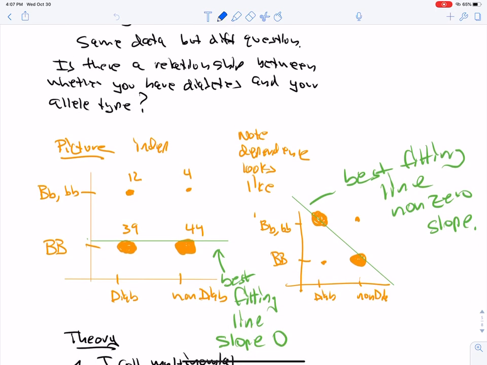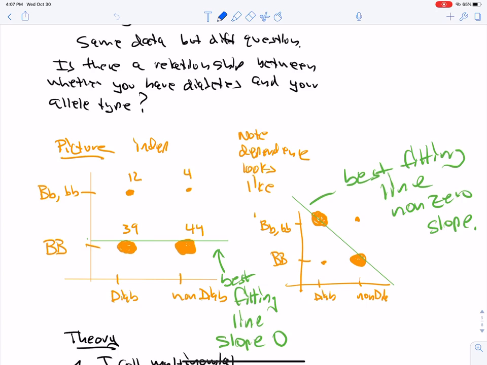If you make a scatter plot, it will look something like this. If you were to draw the best line fitting through your data, because most of the points have type big B, the best fitting line would essentially go through those two points, and it would have slope 0.